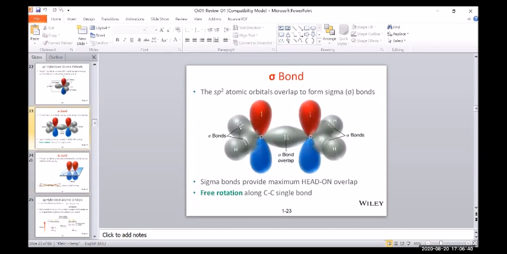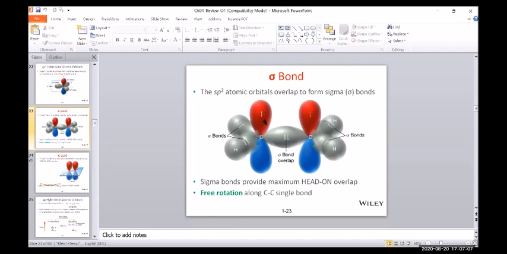Rotation. If the bond has only a single bond, you can freely rotate. So this bond, the hydrogen can freely rotate. The CH bond can be freely rotating. But when the bond is a double bond, the pi bond, where orbitals overlap, it requires the p orbitals to be parallel to each other.